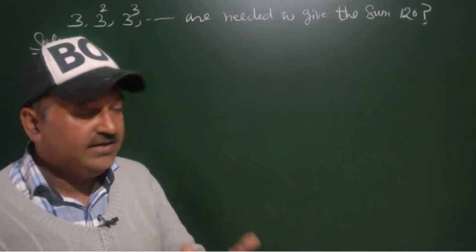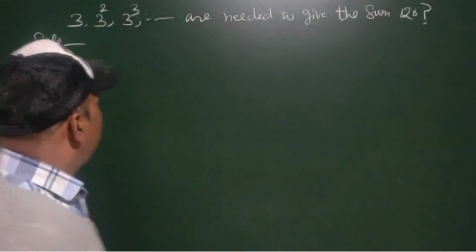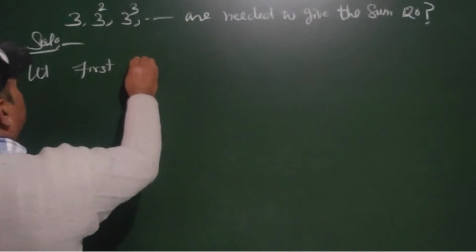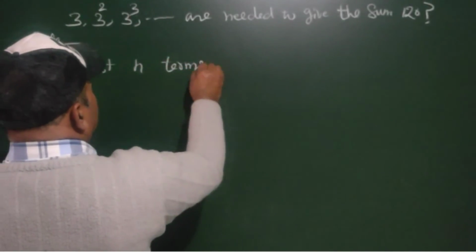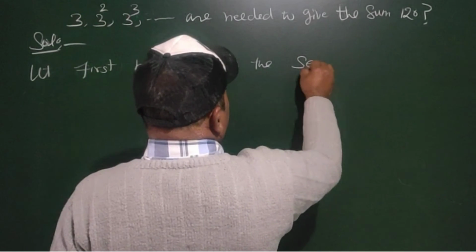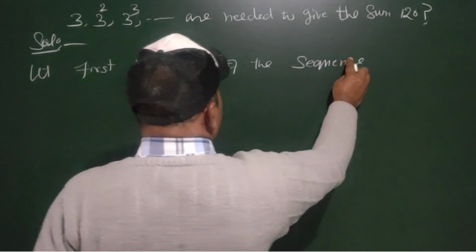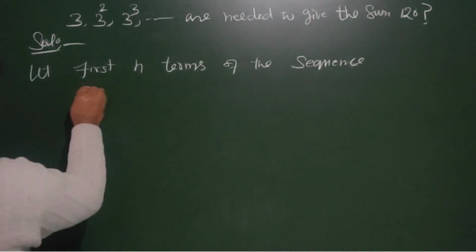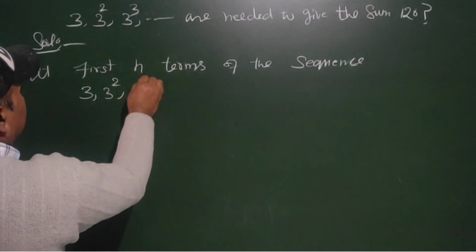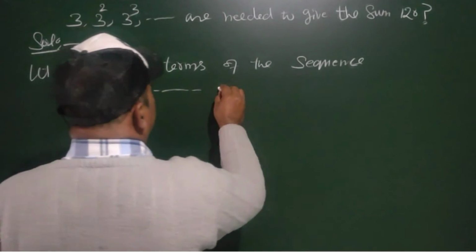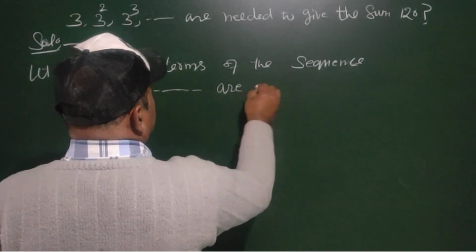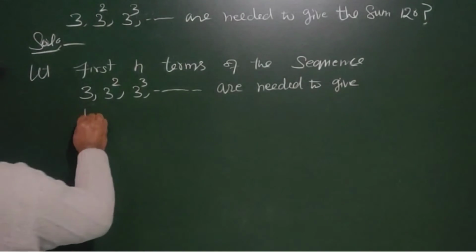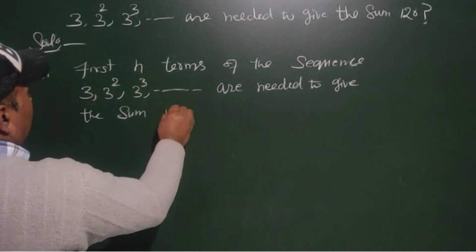Let the first n terms of the sequence 3, 3 square, 3 cube, and so on, be needed to give the sum 120.